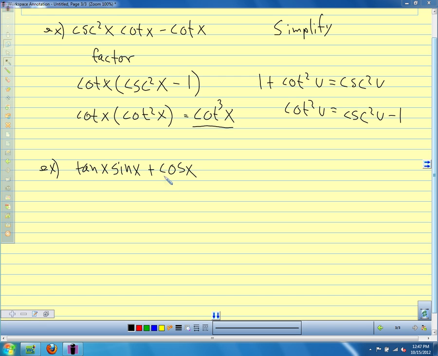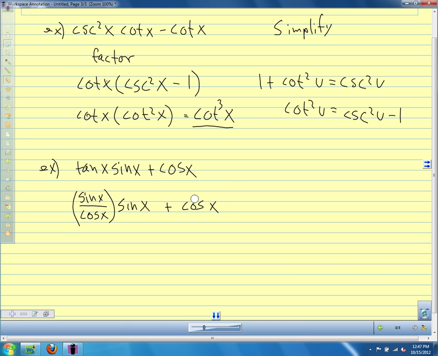There aren't any common terms. I'm going to write everything in terms of sines and cosines. And we talked about doing that before in chapter 4. So I'm going to write tangent of x as sine x over cosine x times sine x, and then we have this plus cosine x here.